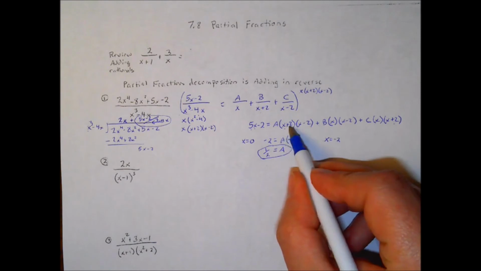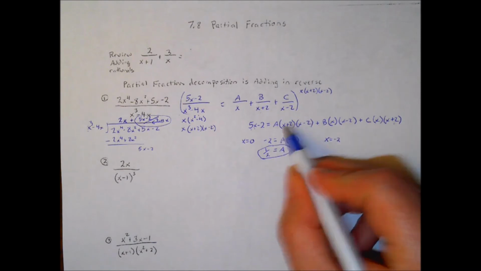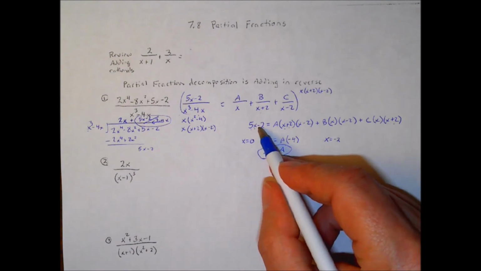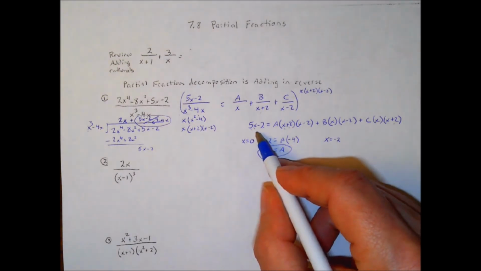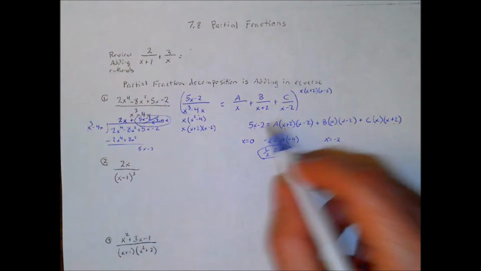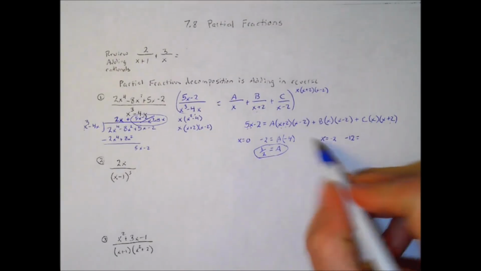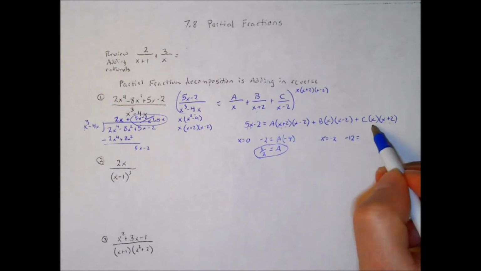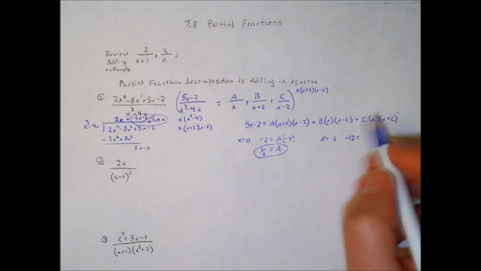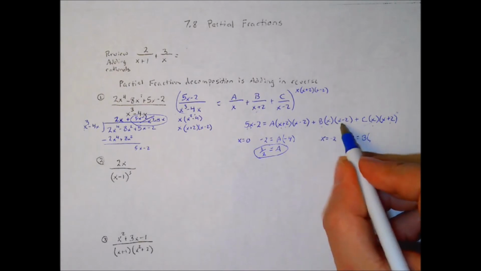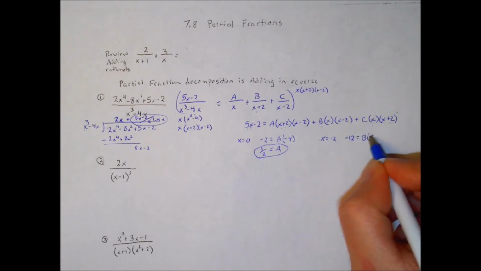If I plug negative 2 in here, 5 times negative 2 is negative 10, minus 2 more is negative 12. Plugging negative 2 in here is 0, and plugging negative 2 in here is 0. I get b, and negative 2 times negative 4 gives me 8. So I get b is equal to negative 3 over 2.